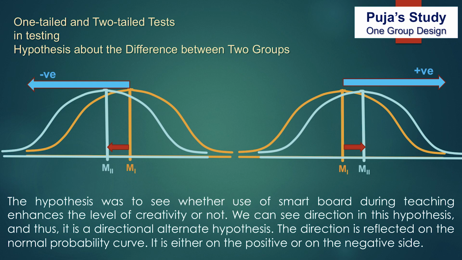You may see on the screen the set of scores obtained before and after the intervention program and how the direction of the test is reflected on the normal probability curve. It is either on the positive side of NPC or on its negative side.